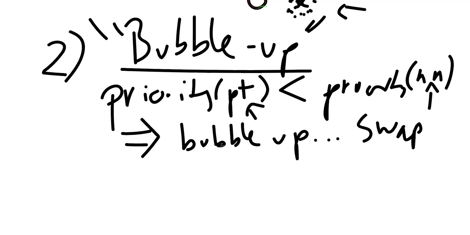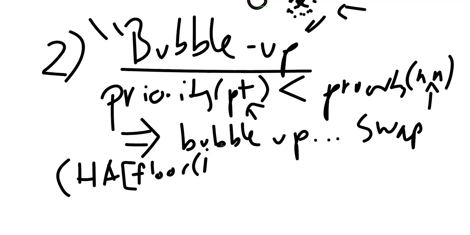So in the heap array example, that might look like this.